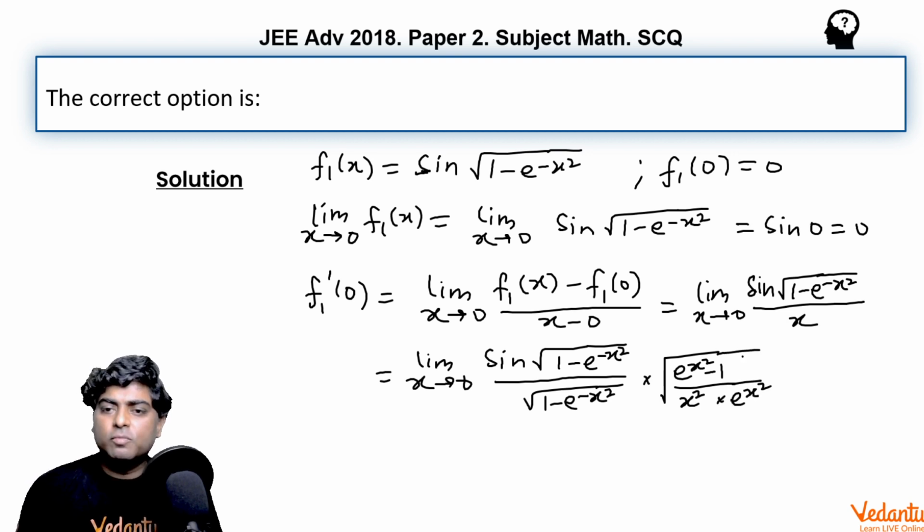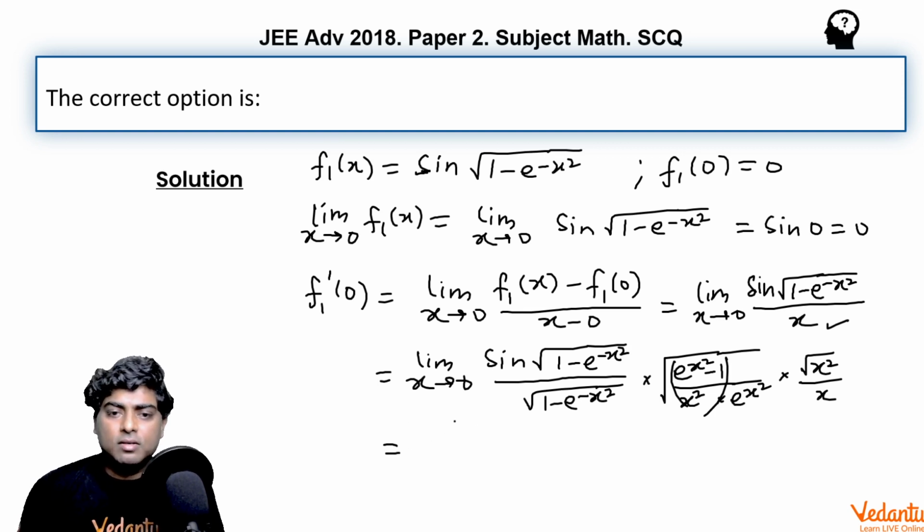So I'm trying to make standard limits. You know, this comes under standard limit. In the denominator I have written under root of x square, so I'll have to write under root of x square here also, divided by the original x, so x here.